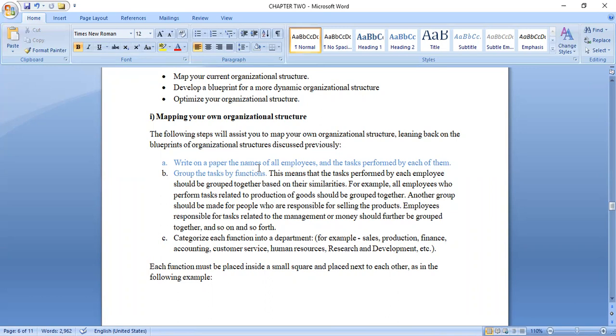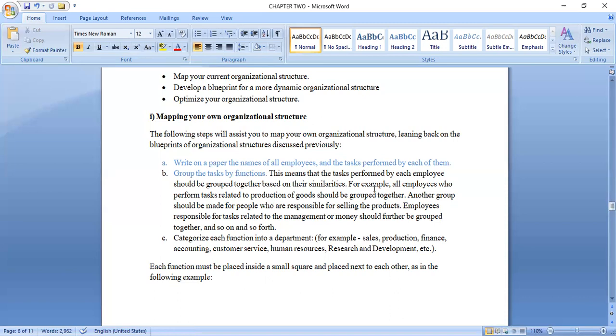Of course, we know that functions arise from tasks, and you'll be able to categorize those employees according to their tasks.